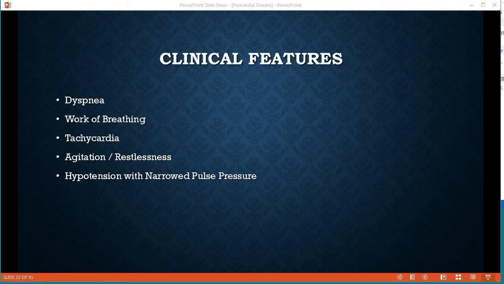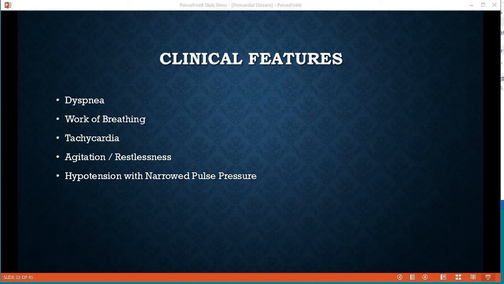So these patients can become hypoxemic, and as a result can become tachypneic because their cardiac output is going down. They can become tachycardic as well. They can develop dyspnea because, if you think about it, as they build more pressure up against the myocardium with all that fluid, fluid is going to back up into the pulmonary venous side, and then they can develop signs of pulmonary edema.